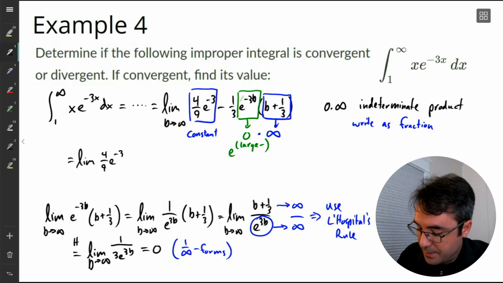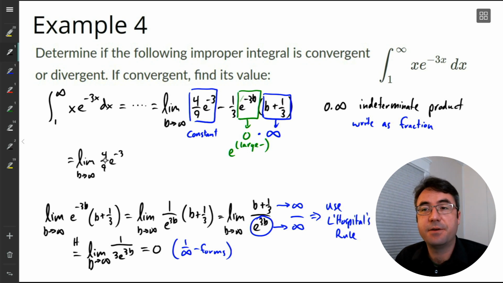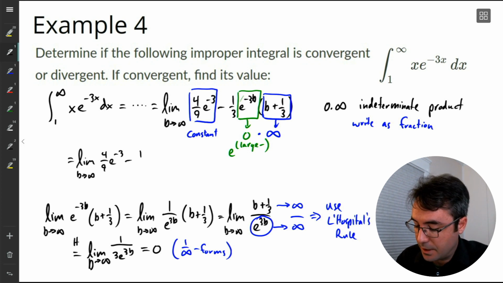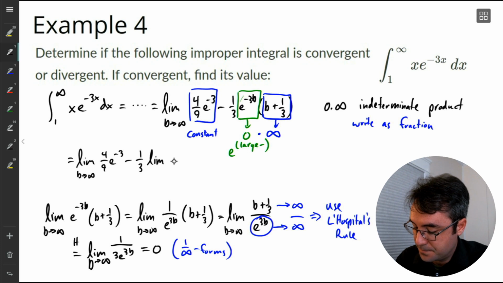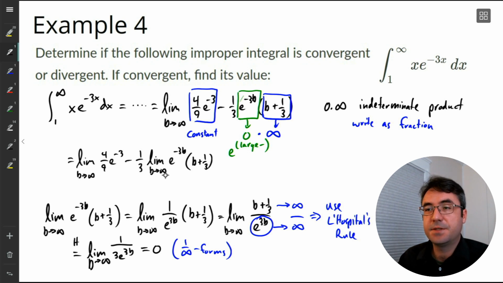we have the limit as b approaches infinity of 4 over 9 e to the negative 3. Let's break this limit up using our limit laws. Bring the constant multiple 1/3 out in front. And this is the limit that we just calculated and showed that it's equal to 0.